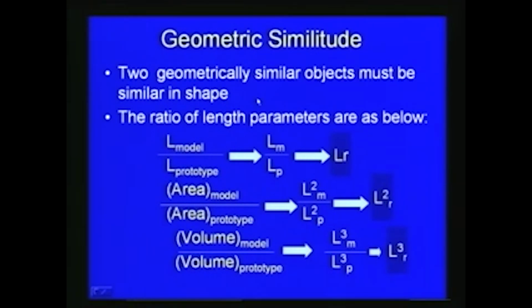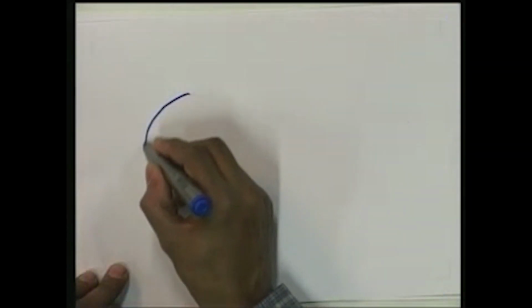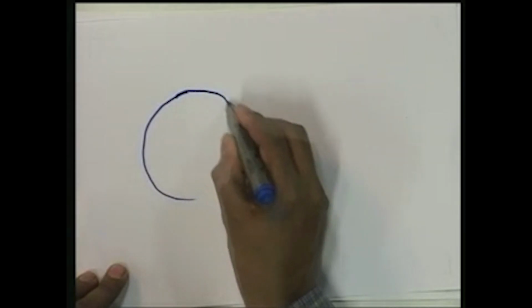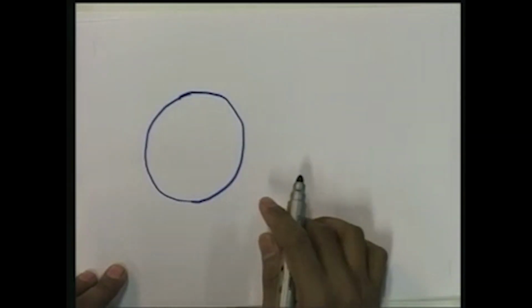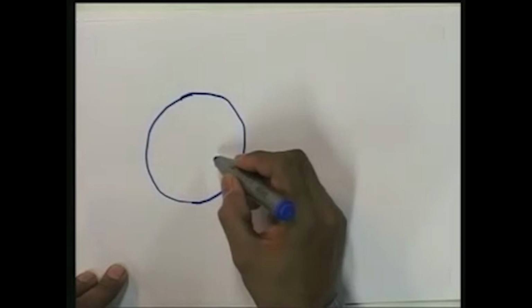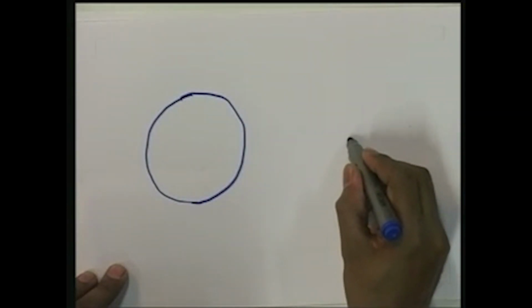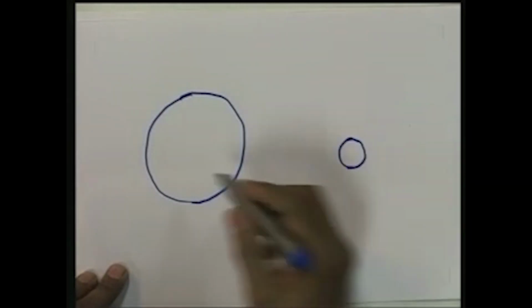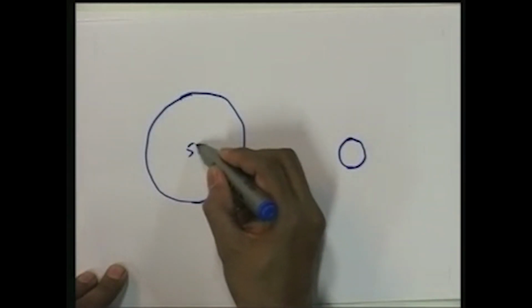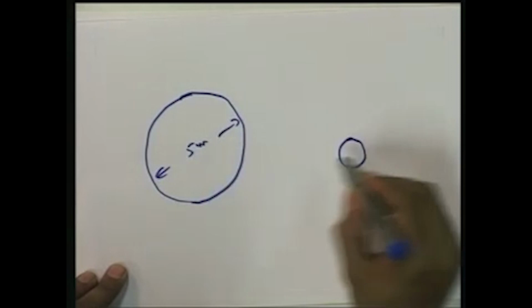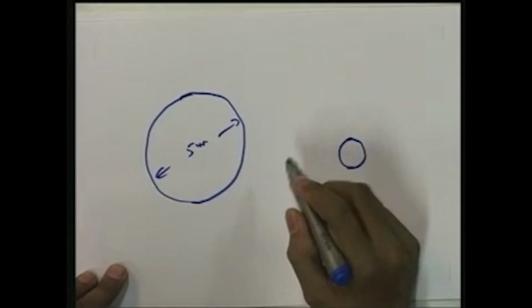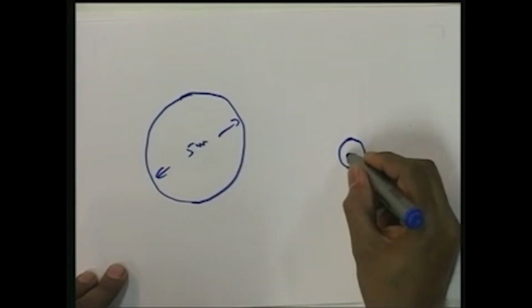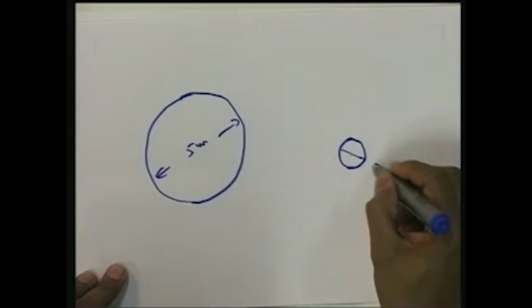For example, when we deal with the flow over a cylinder, the real field problem will have a very large diameter, and a cylinder of this large size is considered. When we do the modeling we will consider a small cylinder like this. For example this can be 5 meter diameter, and if you consider a 1:10 scale, it can be 50 centimeter diameter.